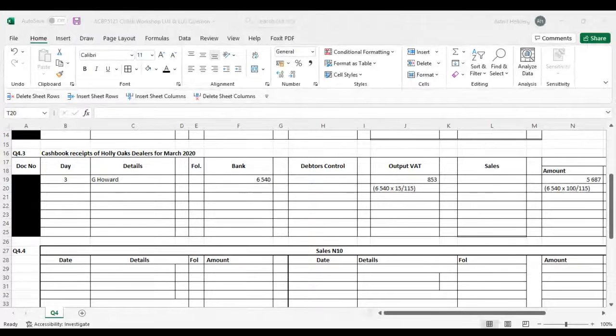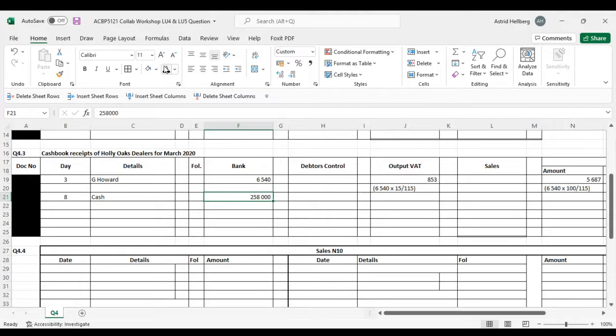Okay, so the first transaction we have is the weekly cash sales of inventory. Okay, so the weekly cash sales, we said going to the cash book receipts. Okay, so when we sell something on cash, our information will be cash sales or cash. Okay, we said the amount is 258,000, so that's the amount inclusive of VAT.